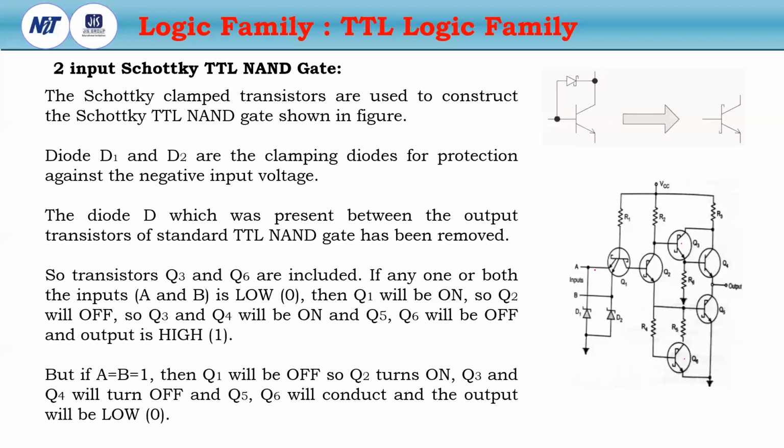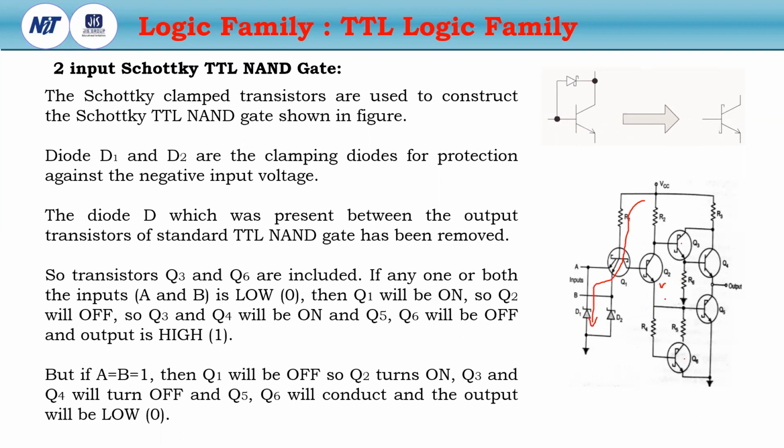Low means there is a diode forward biased. The diodes DA and DB are forward biased, so the transistor Q1 will be on. So the Q2 will be off, because the current will flow like this.